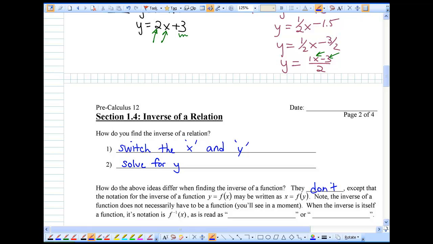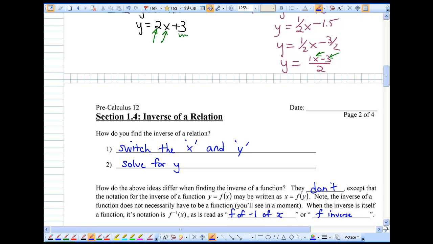Now, notice the inverse of a function does not necessarily have to be a function. You'll see that in a moment. But when the inverse is itself a function, it has a special notation. And this notation is read f negative 1 of x. Or, more simply, they just say it's f inverse.